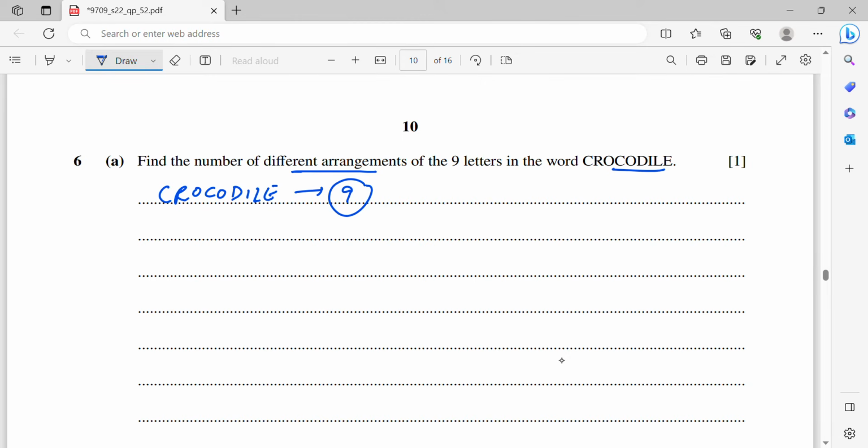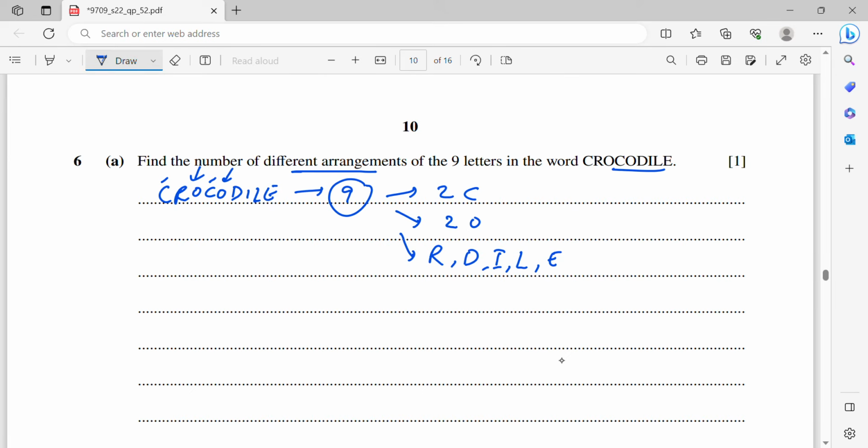Out of these 9 letters, I have 2 C, then I have 2 O, then I have R, D, I, L, E. So these are the 9 letters. And the question is just very general. Find the different arrangements of these 9 letters.